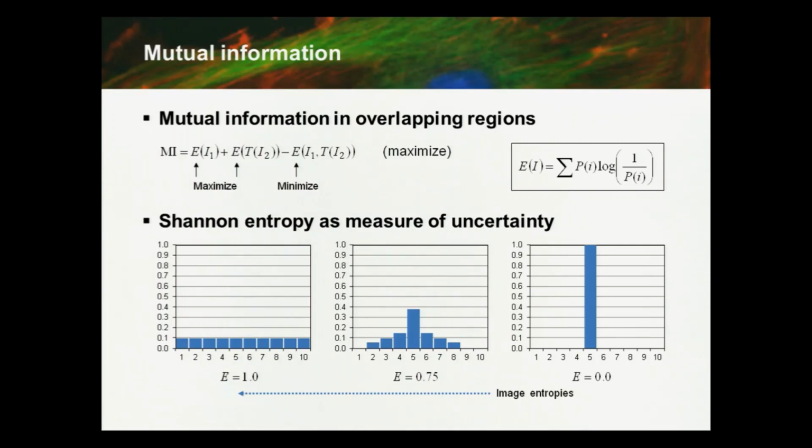But the joint term needs to be minimized. So for the joint term, we have the opposite situation. We really want to go to a situation like this, where this is just a one-dimensional example. So when talking about the joint entropy, you should think about this two-dimensional thing that I showed before, the joint histogram. It should be maximally peaked. The correspondence between intensities in one image and the other should be as optimal as possible.